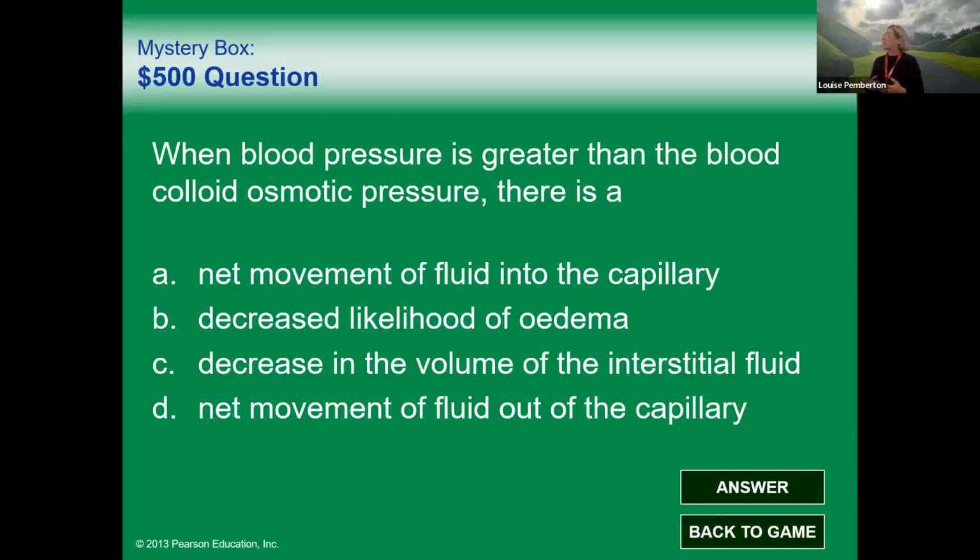Remember I said that was the most abundant protein. When the hydrostatic or the physical pressure, so the blood pressure, is greater than the blood colloid osmotic pressure, what would happen? Yeah, it is D. Well done. There is net movement of fluid out of the capillary. And that's what happens at the arterial end of the capillary bed.